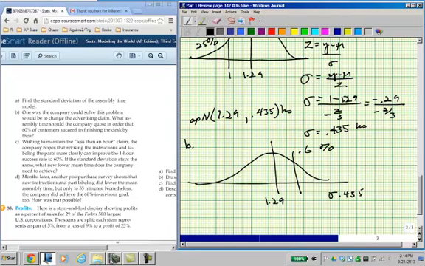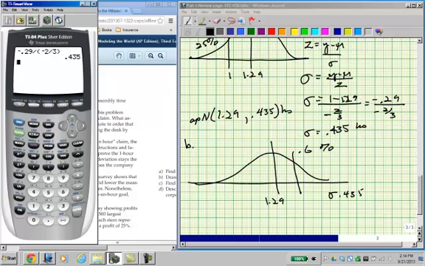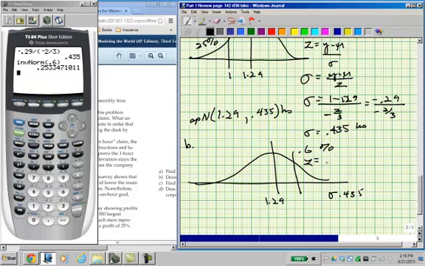So we'll do an inverse norm, second, vars, inverse norm 0.6. And so the z-score that goes with the 60th percentile is 0.253.